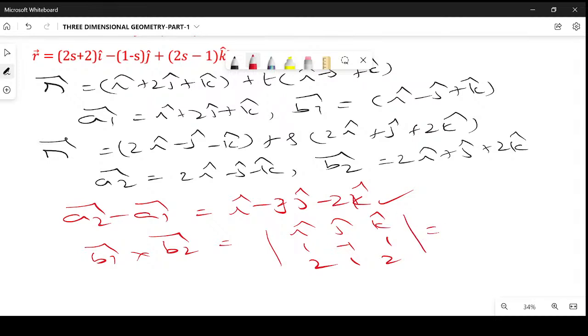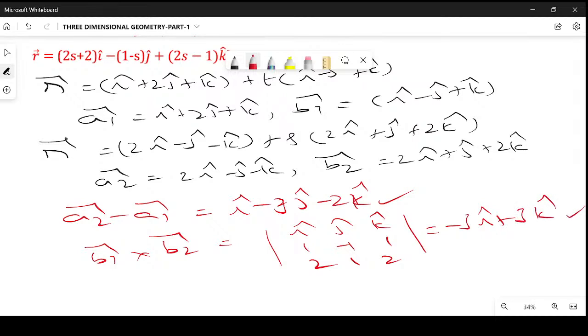You find this vector: minus 3 i cap, minus j cap is 0 j cap, and k cap means 1 plus 2, 3 k cap.